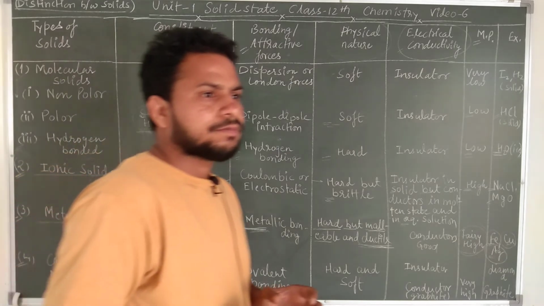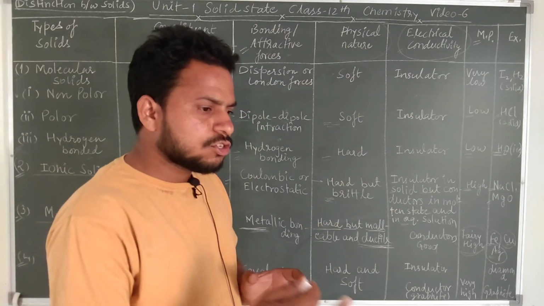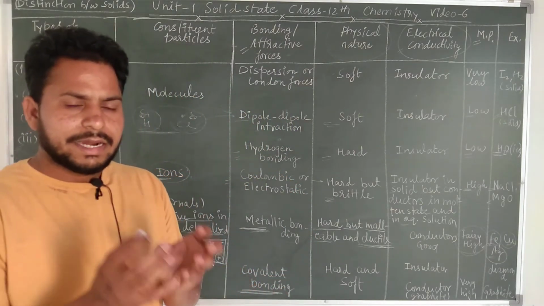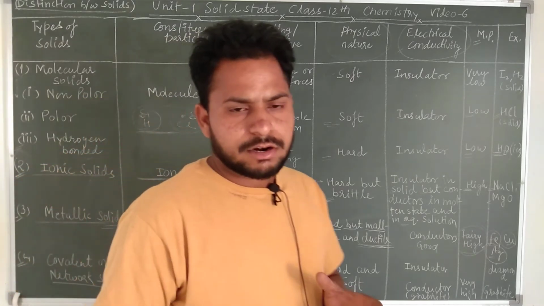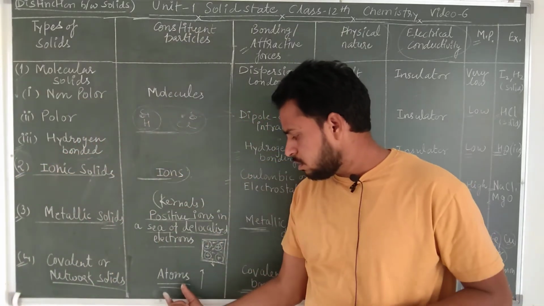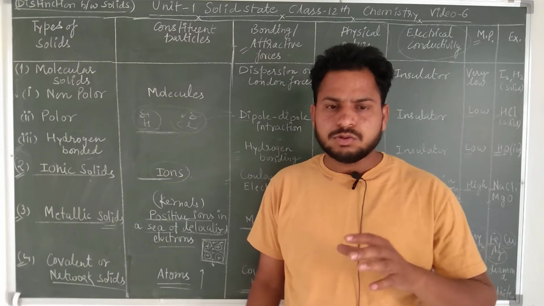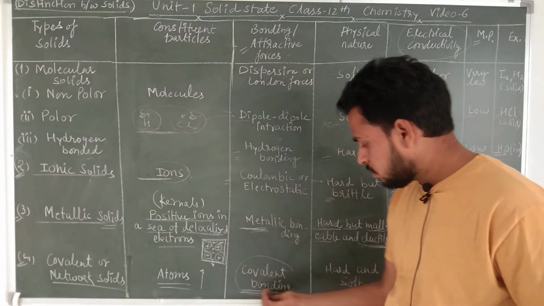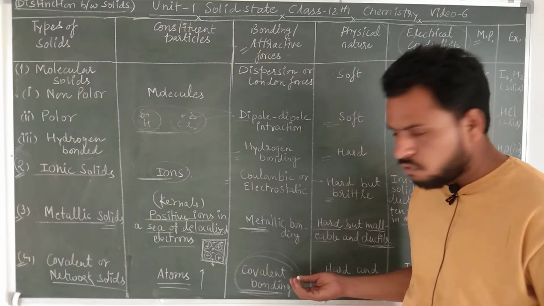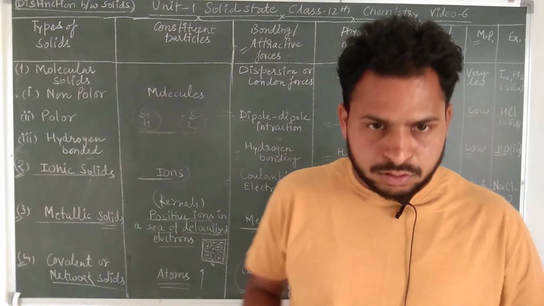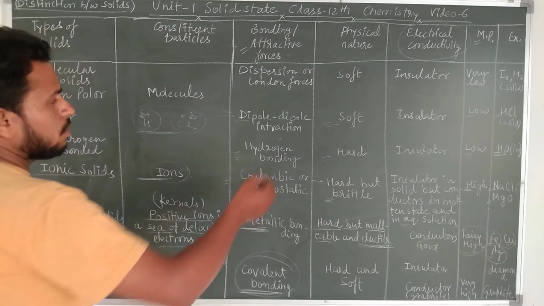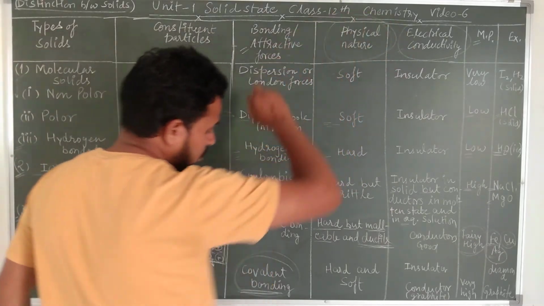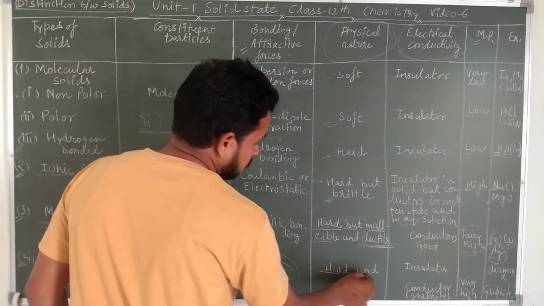Covalent bonding, when electrons are shared. Due to sharing of electrons in these types of solids, the force of attraction is covalent bonding. If we talk about physical nature, they are hard and soft.